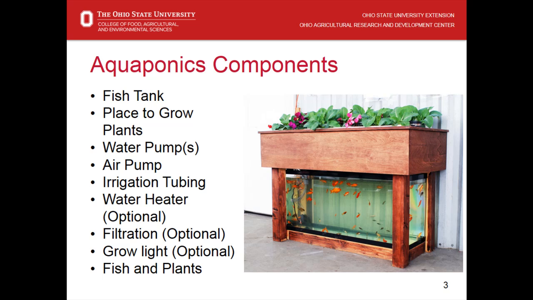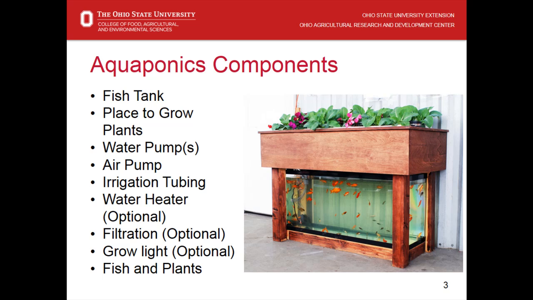All right. So, aquaponics components. Not really just with an aquaponics system, but with both systems, even if you have ponds, these are just things that you need to think about. These really relate more to an aquaponics system, so things that you really need to have a functioning system are a fish tank, a place to grow your plants, whether that's, I've seen it all, really.